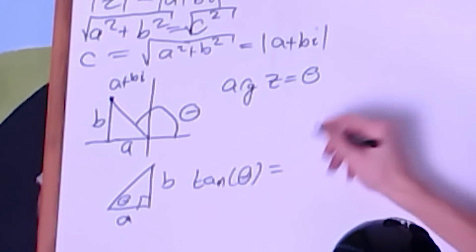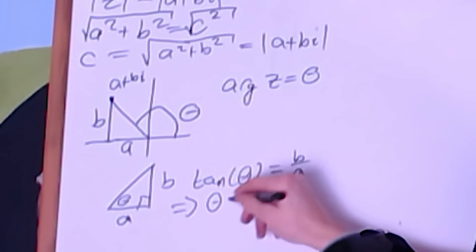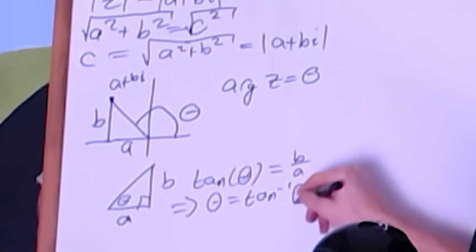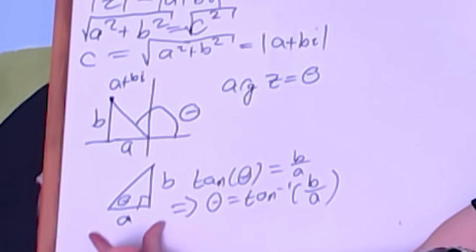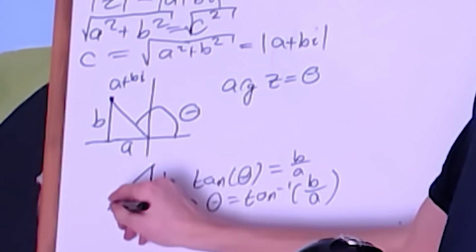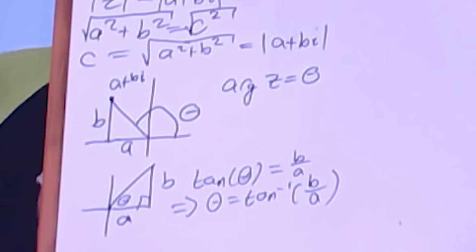The tangent of theta is b over a, which means that theta is tangent inverse of b over a. If this is a complex number and the triangle does look like this on the complex plane, then we have tangent inverse of b over a.